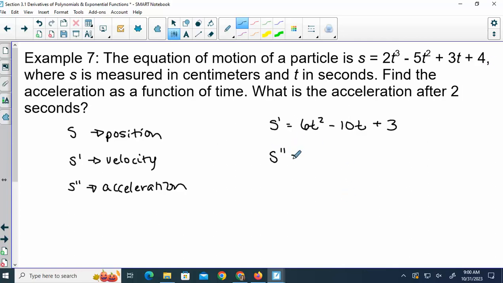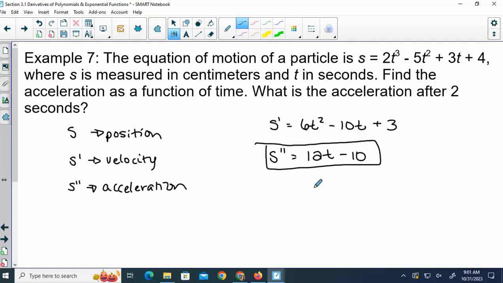So the second derivative would be 12t, minus the derivative of 10t, which is just 10. So here is my formula for acceleration. And then I asked, what's the acceleration after 2 seconds?